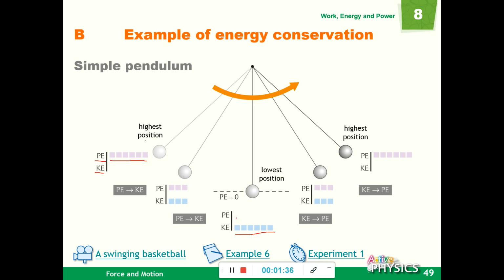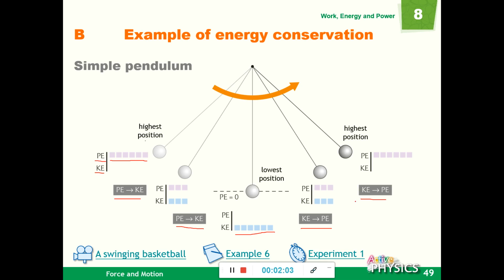In this situation, PE will be 0. It tells us that total energy will be conserved, just only energy change from PE to KE, from KE to PE. Okay, this one will be the example of simple pendulum.